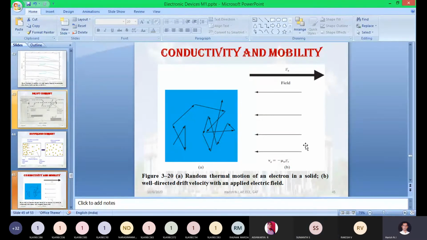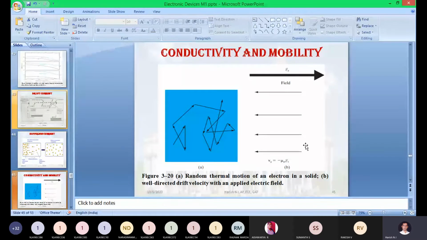Yes, acceleration plus collision will be equal to 0. But here, when we do this addition of the two equations, we are going to get something, and that value we call the net momentum or average momentum of the semiconducting material produced by the electron.